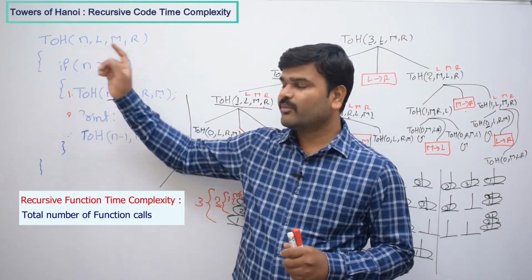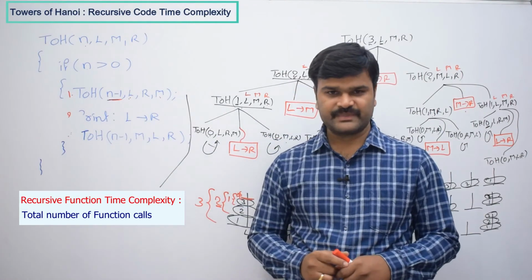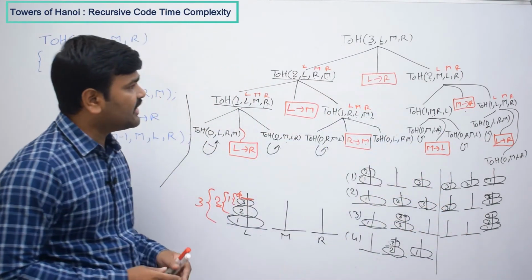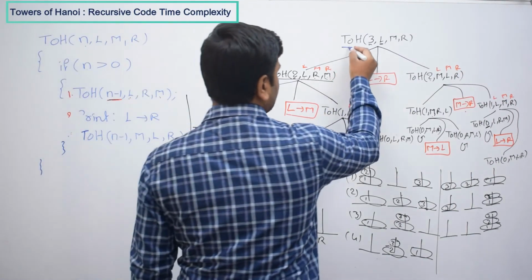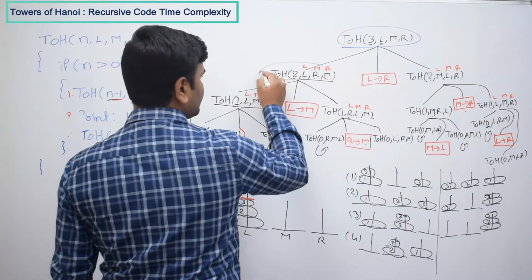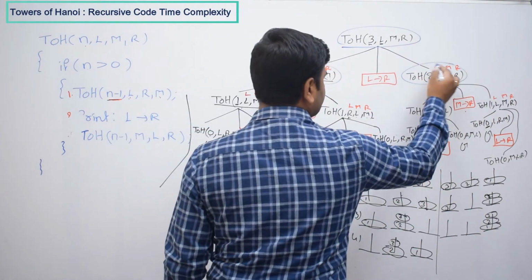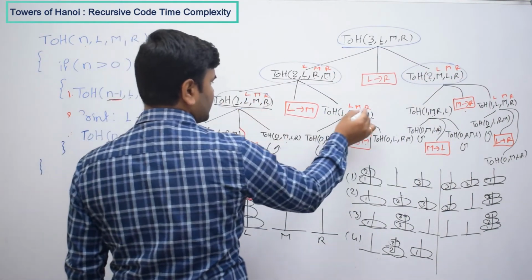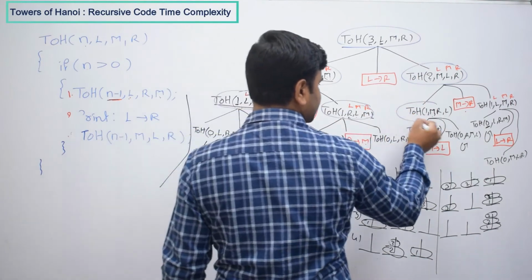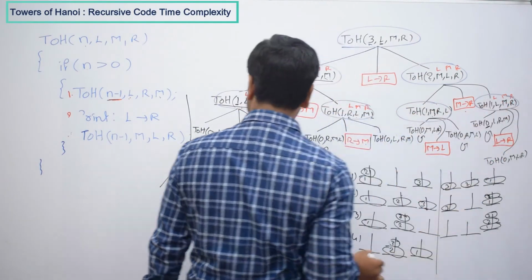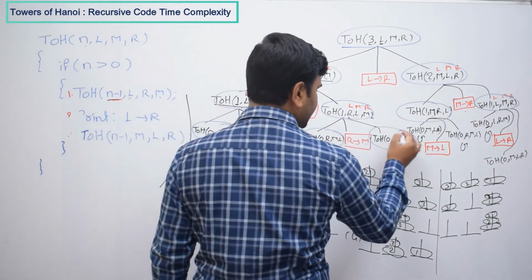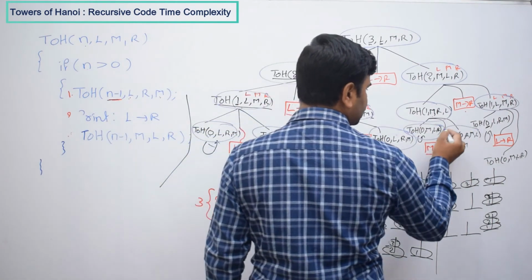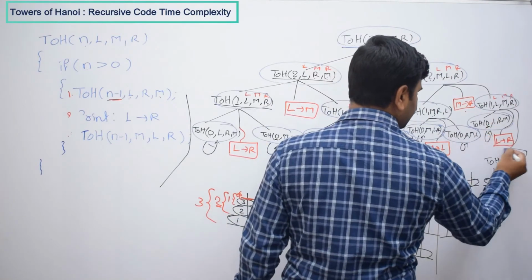So in total how many times is this function called? Here itself you can observe how many times this function is called. So 1 time, 2, 3, 4, 5, 6, 7, 8, 9, 10, 11, 12, 13, 14, 15.